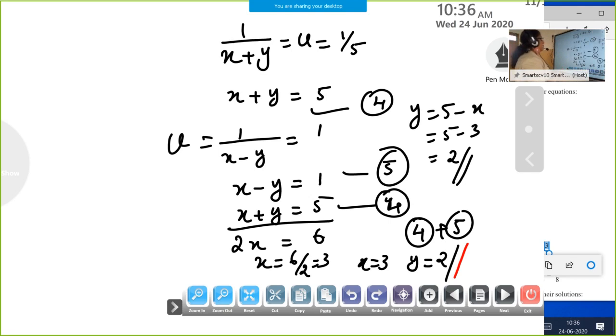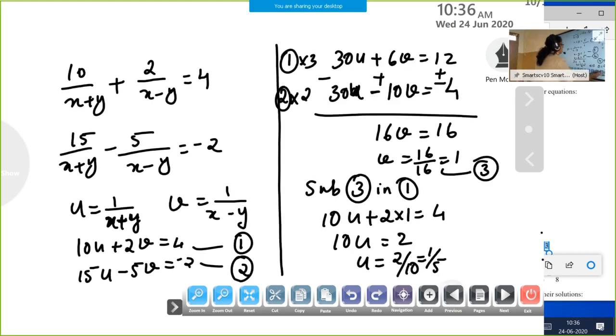Okay, write fast. First you substitute u equal to 1 by x plus y and v equal to 1 by x minus y. Then taking the equations, form a linear equation in terms of u and v. Then solve the linear equations using elimination method and find the values of u and v.